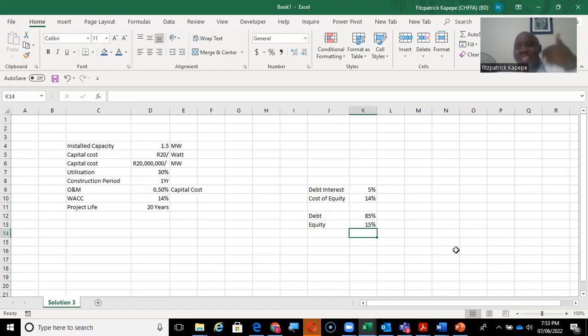So let's say it's $100 million, meaning that $85 million will come in as debt, then $15 million will come in as equity. So you have two investors, those that believe they should invest in debt, who are mostly more risk averse than those that invest in equity.